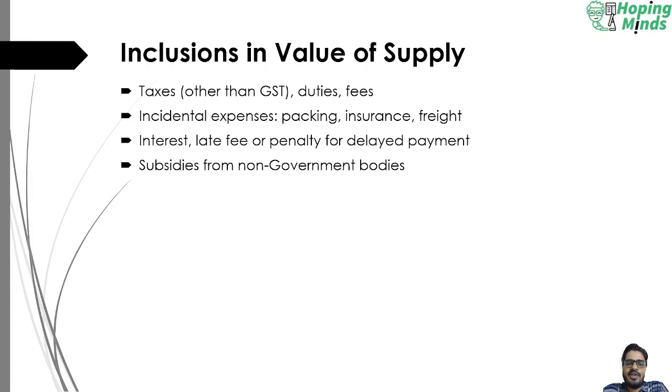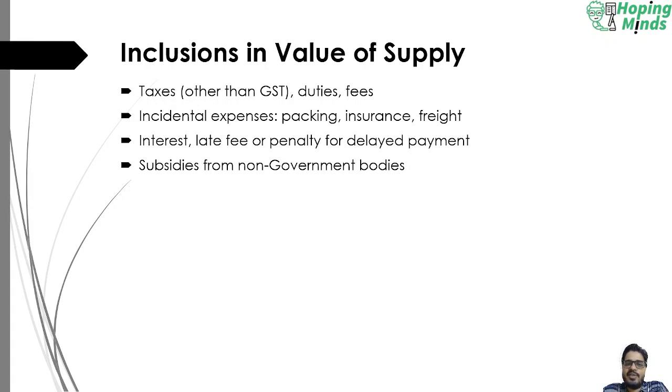Then interest, late fee or penalty for delayed payment shall also be included. For example, if a rupees 300 late fee is charged on a 30,000 supply due to delayed payment, the GST value becomes rupees 30,300. Then subsidies directly linked to price, excluding government subsidies.